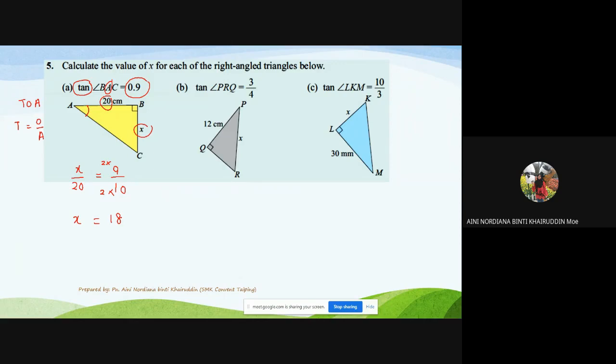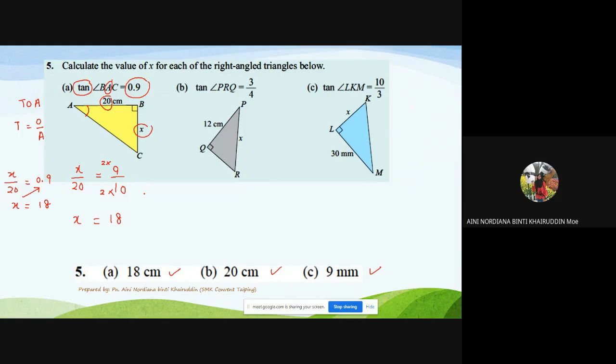Or you can do cross multiplication. Or if you write, let's say just now is 0.9, so x is actually 20 times 0.9. So you'll get 18. So this is the answer for A. For B and C, just use the same method.